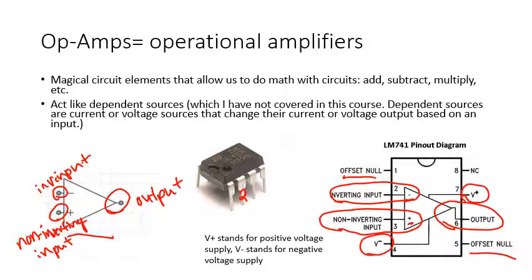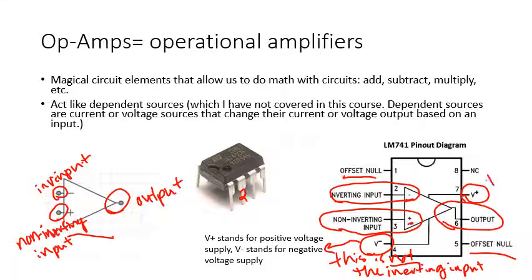Do not confuse them with the inverting input and non-inverting input. This is not the inverting input. Since it has a V next to it, this is a negative voltage supply.